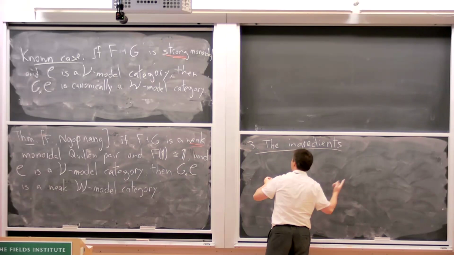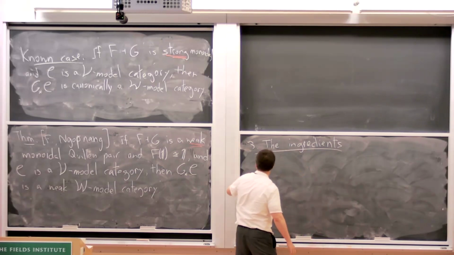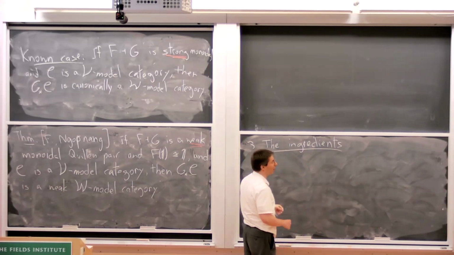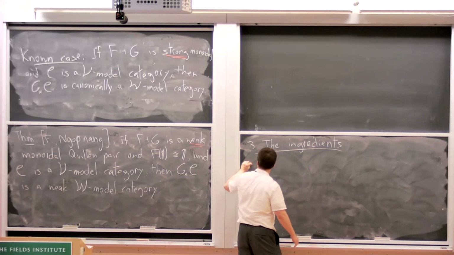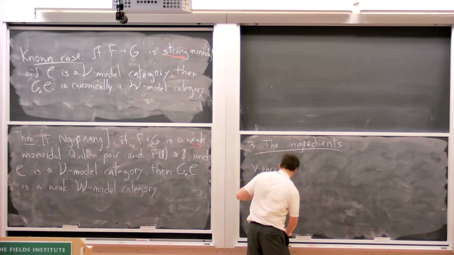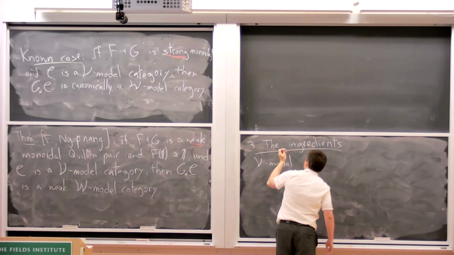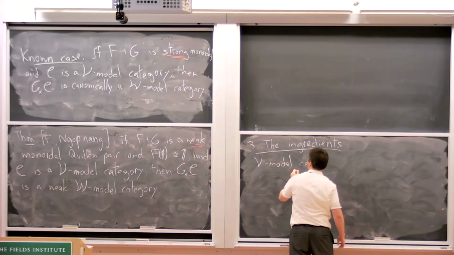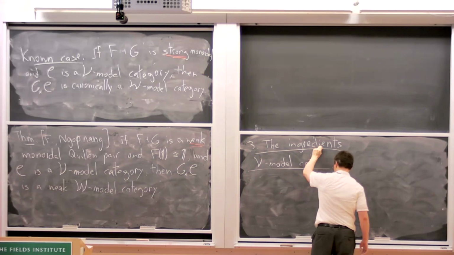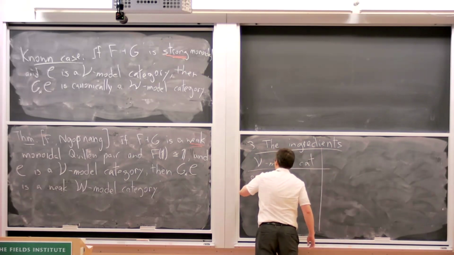All right, well, let's see. In a V model category, what are the ingredients? We need an enriched category, right? What are the ingredients that go in there? There's the enrichment.